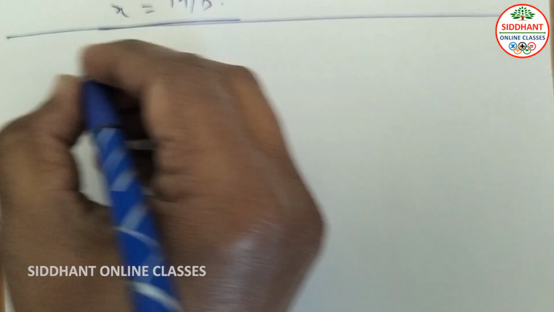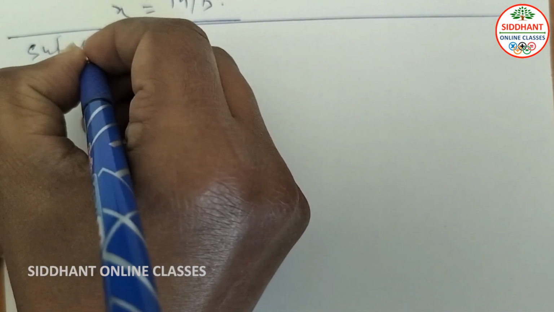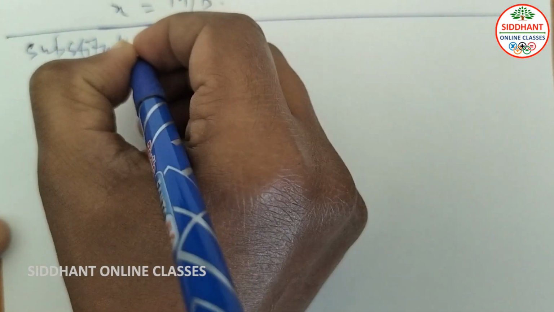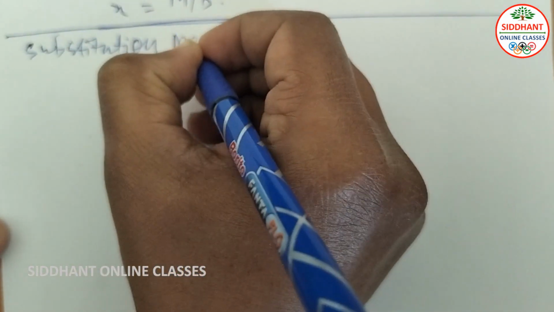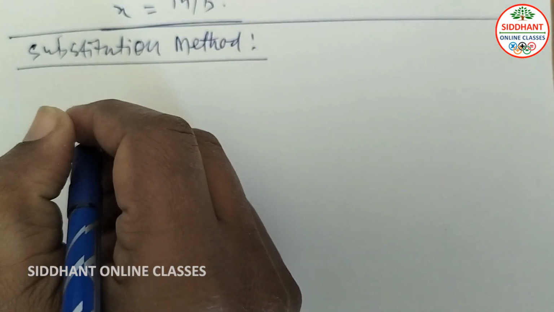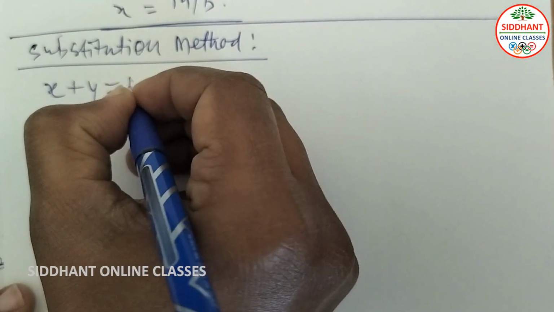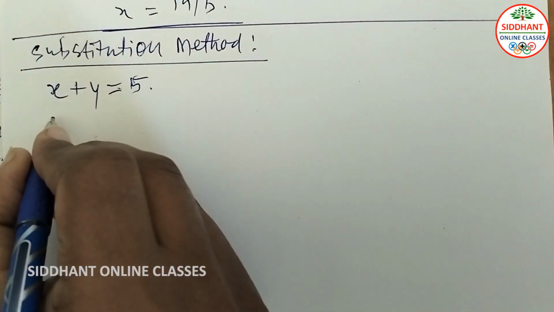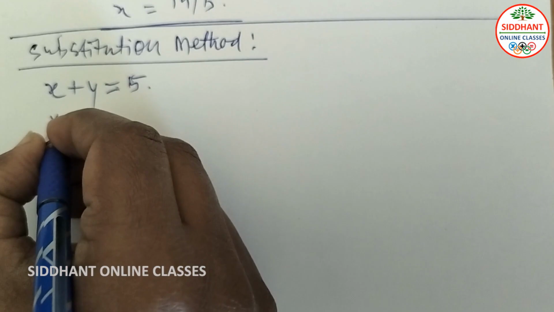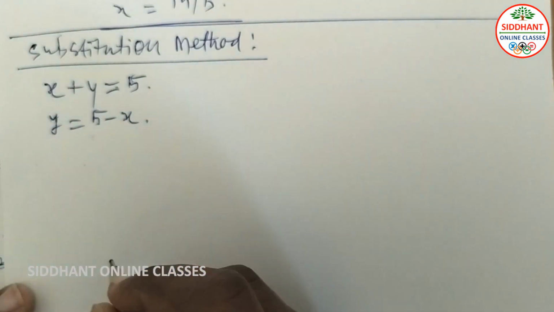So now we are going to see the substitution method. In this, the first equation is x plus y equal to 5. So we are going to find the y value, so y equal to 5 minus x.